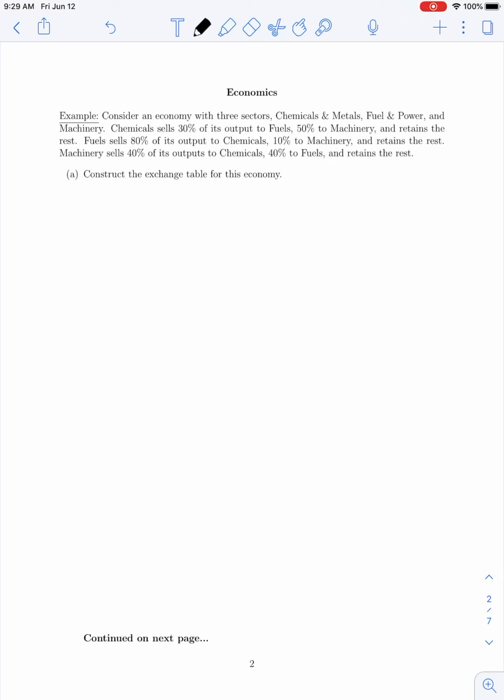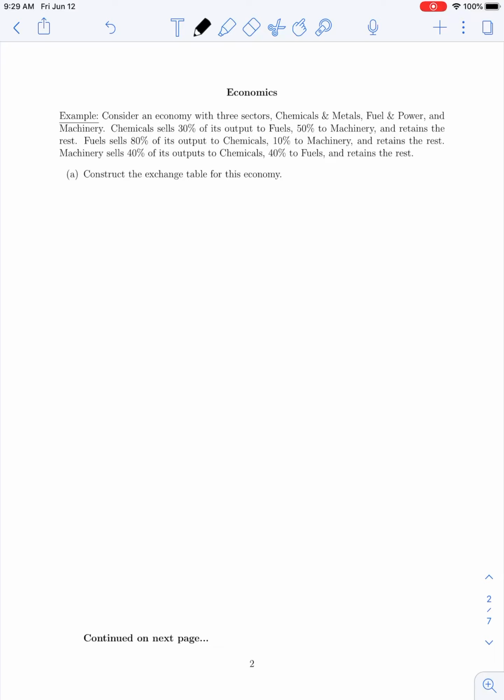So what we would typically do to start describing the flow of sales and purchases through this economy is try to visualize this by considering maybe a flow diagram.